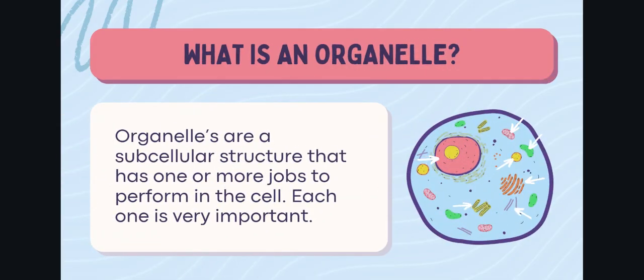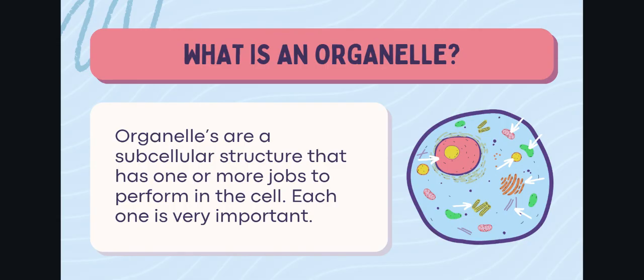So what is an organelle in the first place? We briefly covered this in the last video, but here's the actual definition. Organelles are subcellular structures that have one or more jobs to perform in the cell. Each one is very important and specific to the cell. That just means each organelle has a job, they're just saying it in fancy terms.